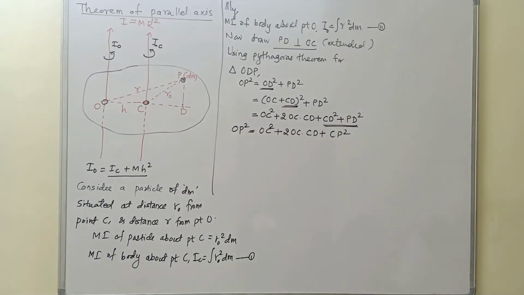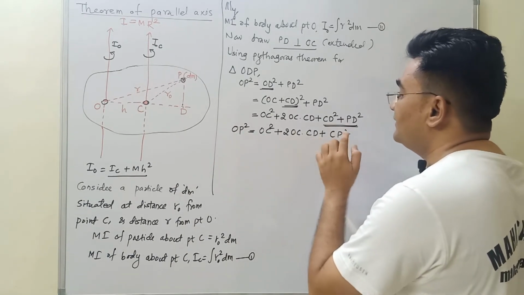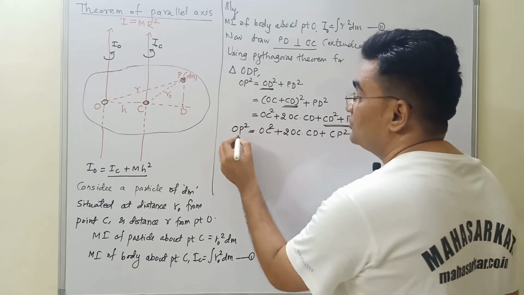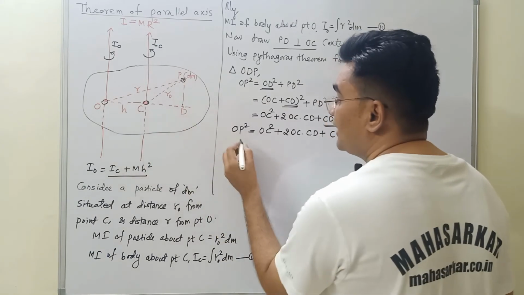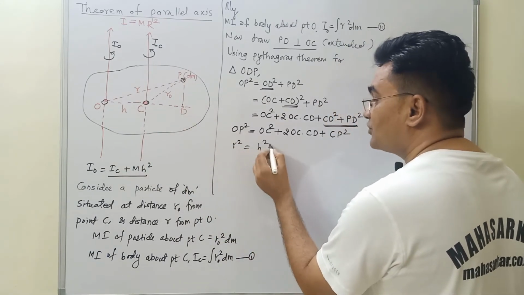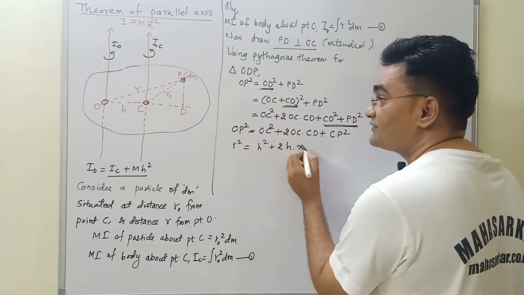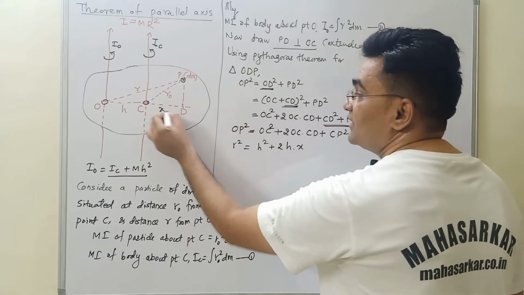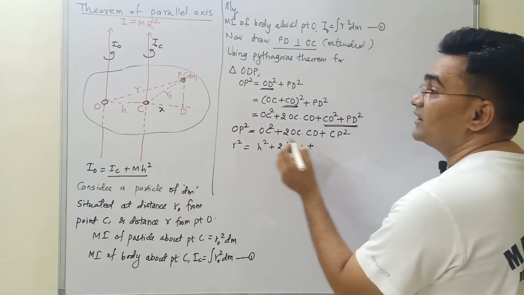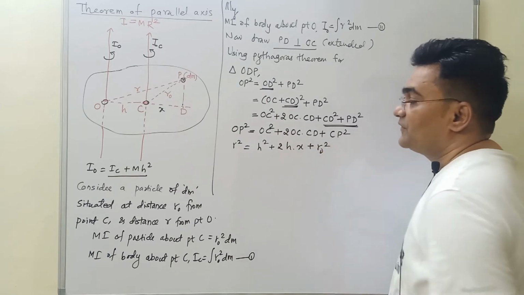Now, we are going to multiply the equation on both sides, but before that I will replace the values of OP, OC, CD and CP from the diagram. OP is R, so R square is equal to OC square, which is H square, plus 2H into CD, which is X, and CP square means R0 square.